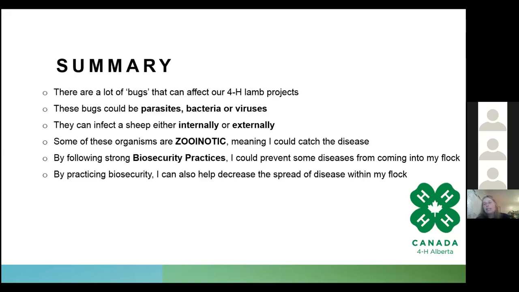Some of the diseases are zoonotic, so that means we can catch it. We want to be careful and wear gloves if they have ringworm, ORF, or pink eye. And we want to follow strict biosecurity practices to help prevent diseases coming into our flock. If we practice biosecurity, we can help prevent spread of disease in our flock and to other flocks.